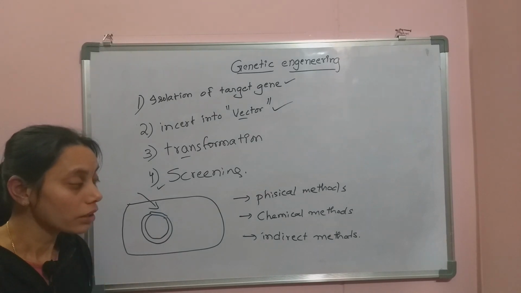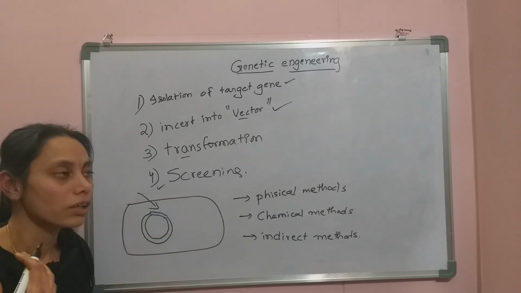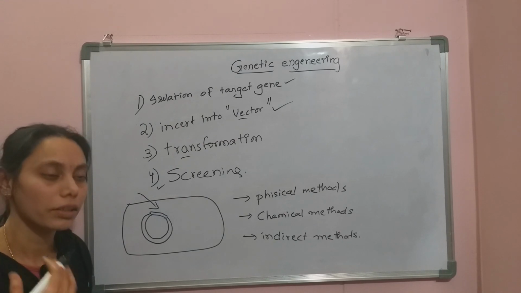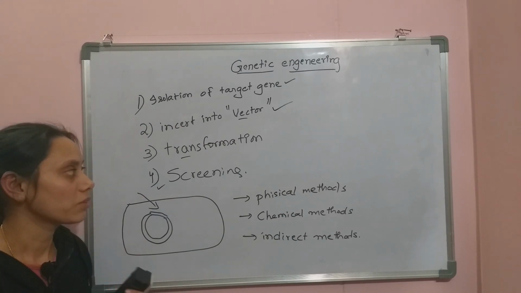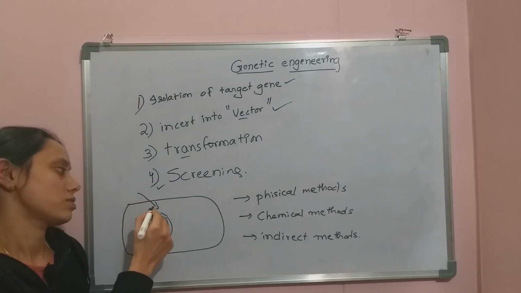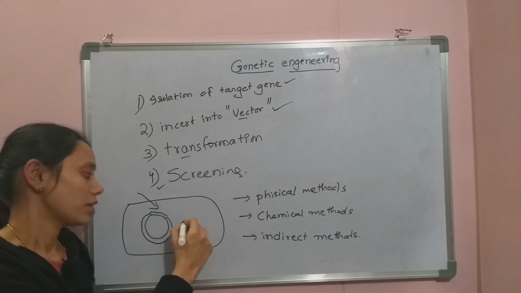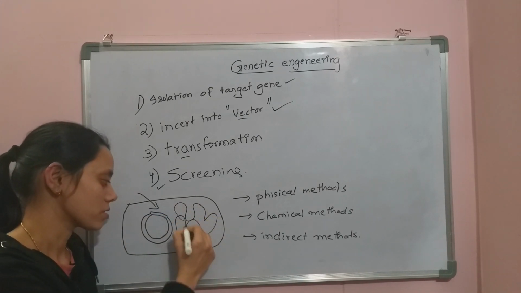So like this, there are physical methods, chemical methods and indirect methods which deal with another organism. Likewise, using these systems, we are going to introduce this recombinant vector into the target host organism.